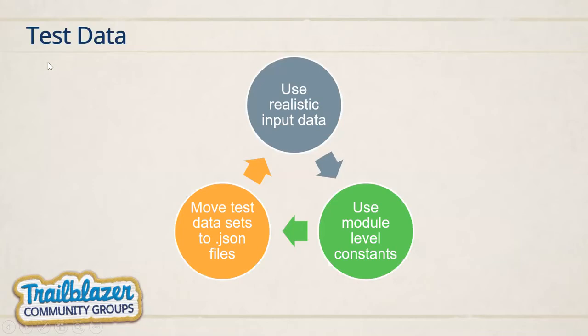When it comes to testing data, we have to use more realistic data and user level input. It may be a user level input, or constants, or object information that we are pulling from the server side. We have to keep all these in mind before you write your test component.